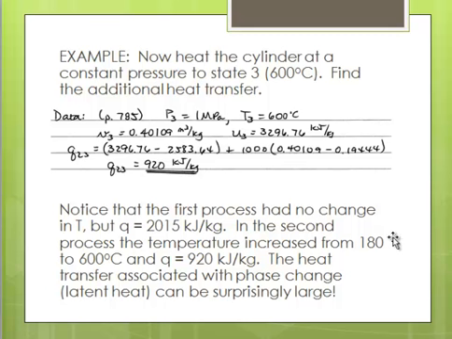I went from 180 degrees to 600 degrees. That's a huge temperature change. And the Q required for that was only 920 kilojoules per kilogram. It's something that you should just keep in the back of your mind. Heat transfer associated with phase change, which is our latent heat, can be a surprisingly large number.